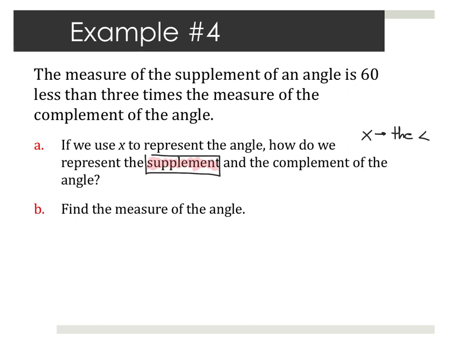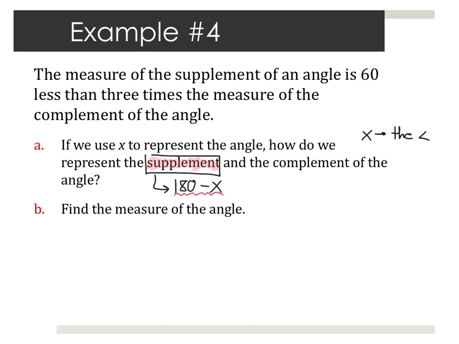So if the angle is 50, what's its supplement? 130. If the angle is 100, what's its supplement? It's 80. If the angle is 10 degrees, what's its supplement? It's 170. So hopefully you're seeing the pattern here that the supplement of the angle is 180 degrees minus whatever x, that angle, whatever that is.